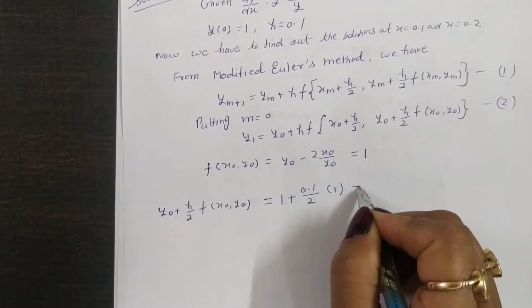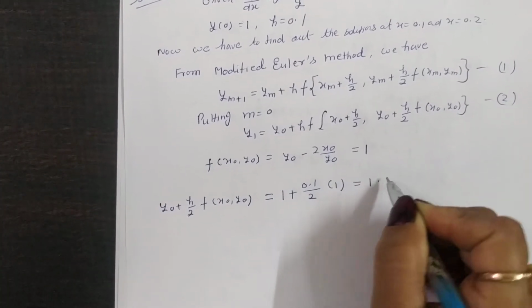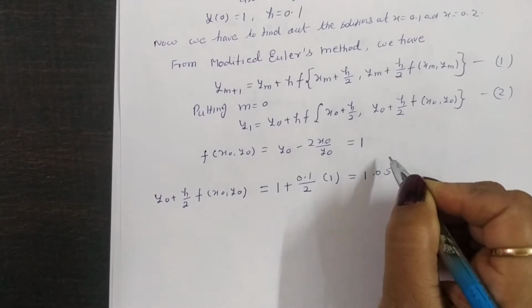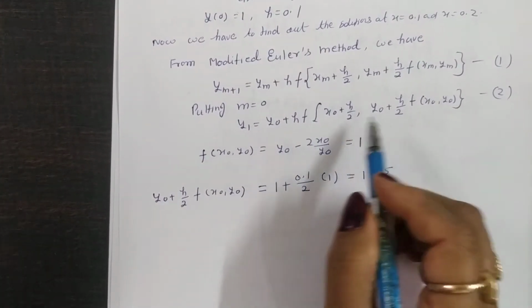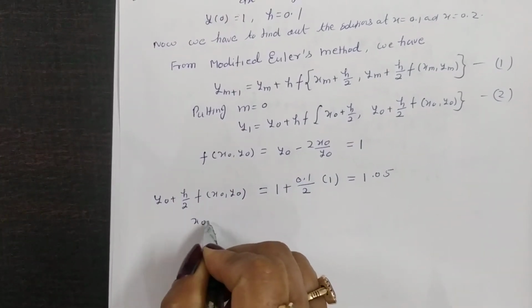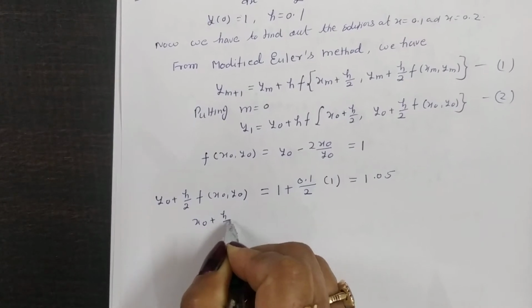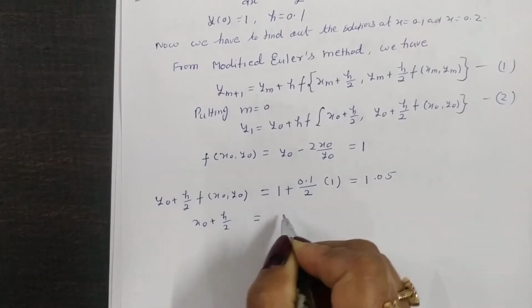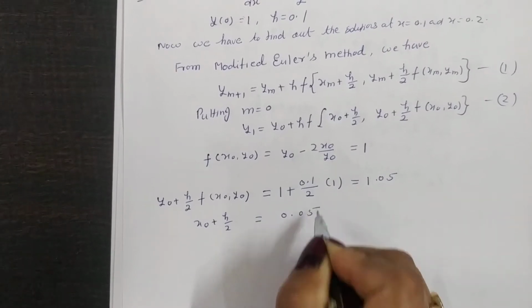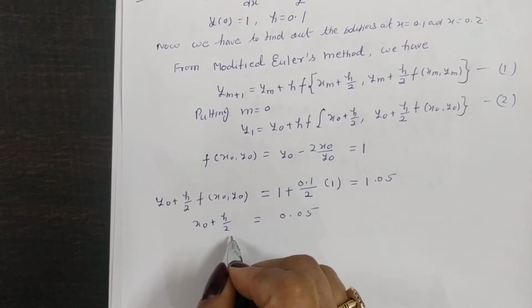Students, solving this you get 1.05. Now you find out the next term, x0 plus h by 2, which is equal to 0.05. Substituting these values.